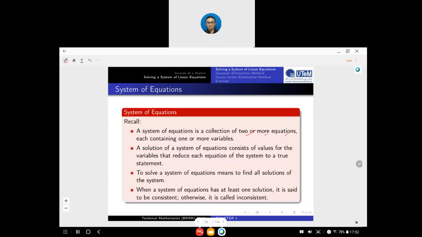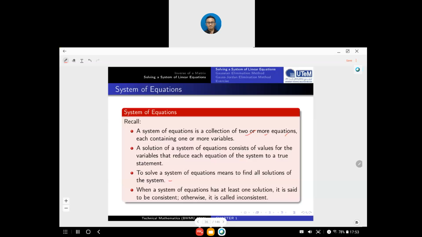A solution of a system of equations consists of values for the variables that reduce each equation of the system to a true statement. To solve a system of equations means to find all solutions of the system. When a system of equations has at least one solution, it is said to be consistent, otherwise it is called inconsistent.